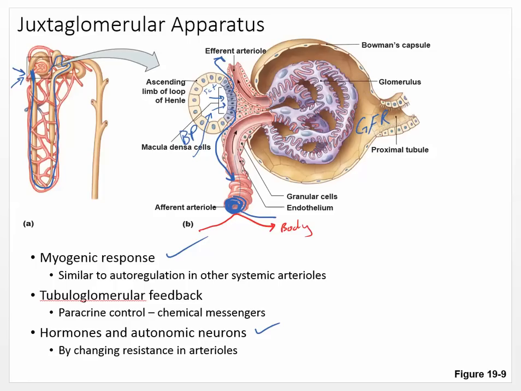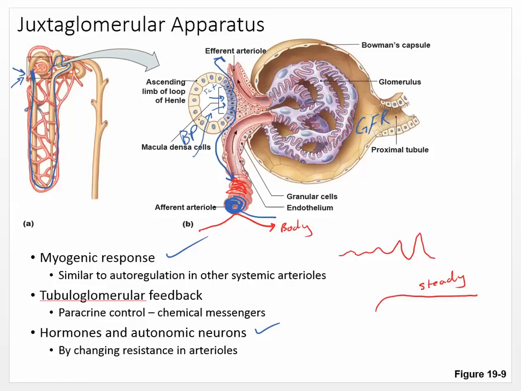It's either autoregulation, where it will have that paracrine control to say, hey, we need to constrict or we need to dilate, and it's constantly constricting, dilating. So these muscle cells are either opening up more or they're closing down, and that's trying to keep your glomerular filtration rate steady. So that's the purpose of that.